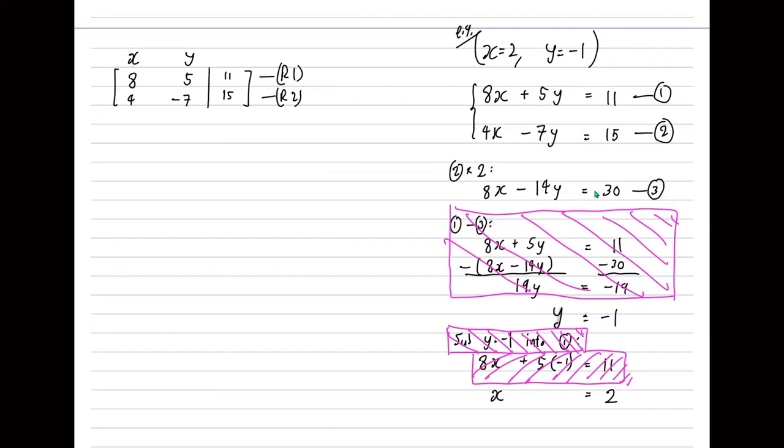So you notice how I managed to obtain, after multiplying 2 to equation 2, and then I subtract it, I relabel it as 3, and then I subtract it away from equation 1, right? Here's the new notation for that. To summarize what I did: I take equation 2 times 2, and then I call it equation 3, and then I take 1 minus 3.